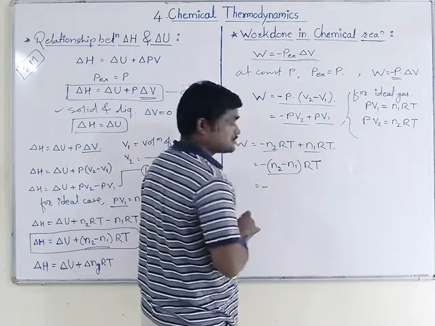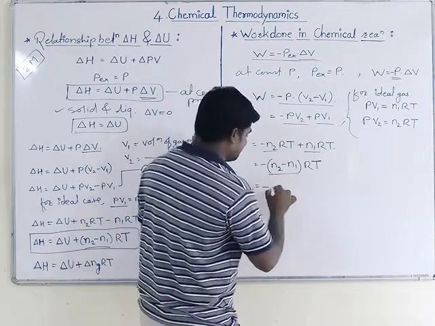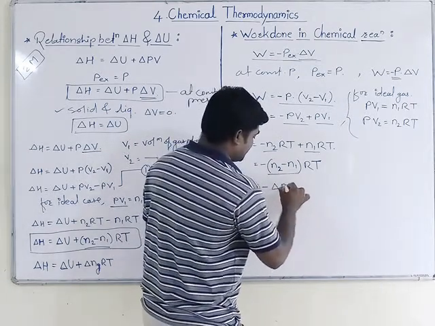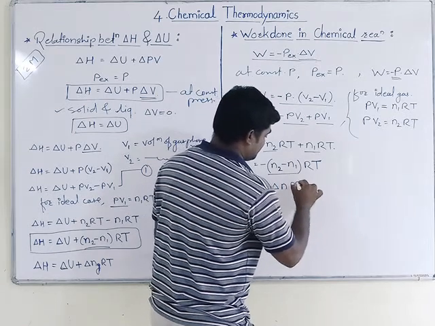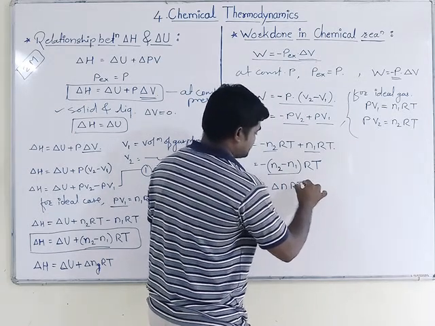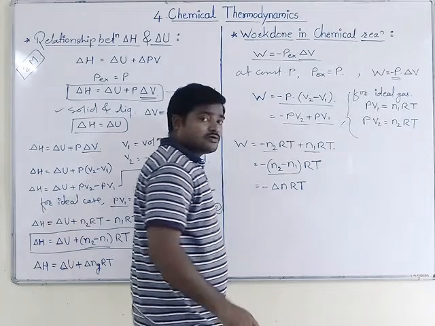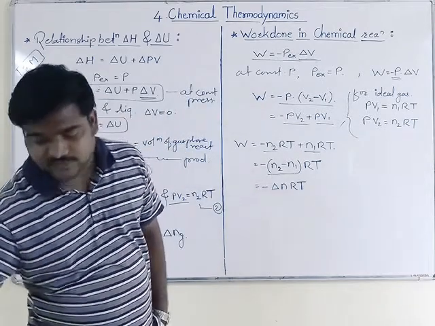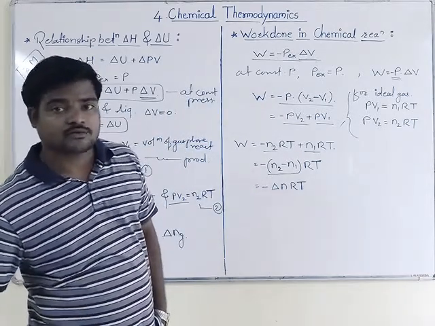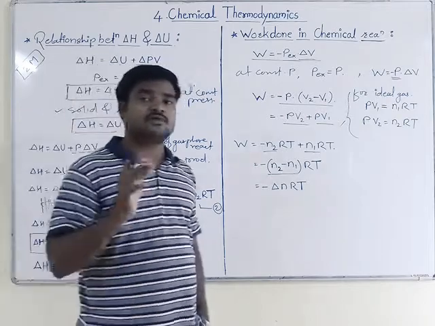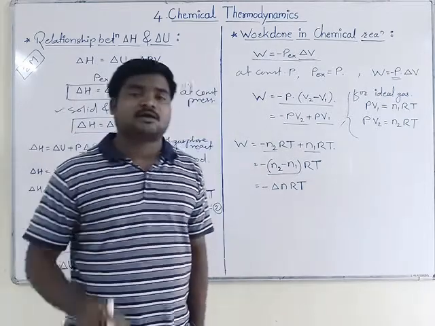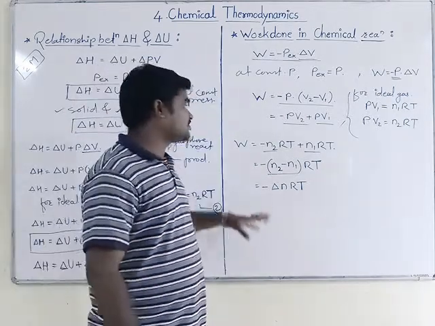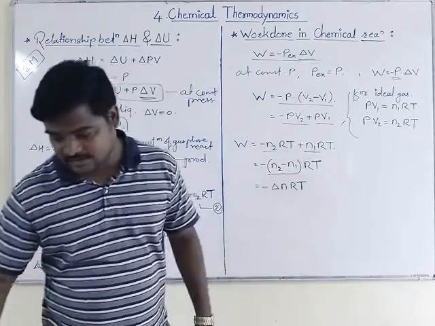minus N1. This is nothing but delta N, RT. So this is the equation for work done. I have studied one of the chemical reactions in gaseous state, and for that gaseous state I have considered the ideal gas condition.